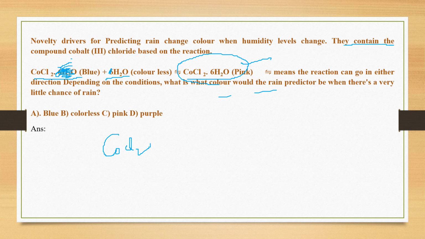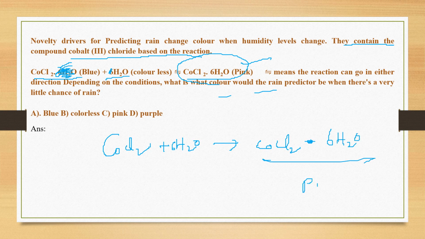They contain cobalt chloride, based on the reaction. The reaction is given directly. Very simple: cobalt chloride reacts with water, and when they are combined with each other, it is converted into the hydrated form, pink in color.